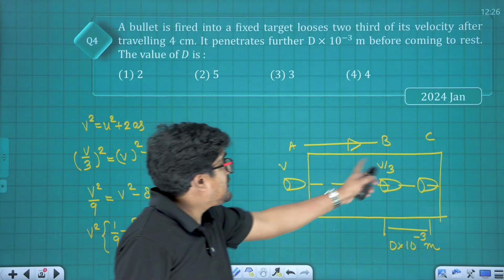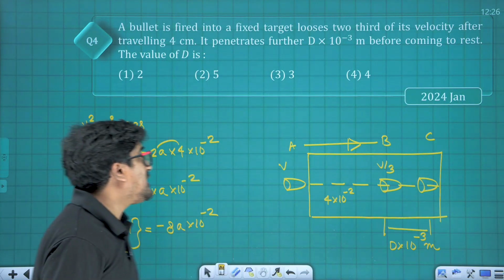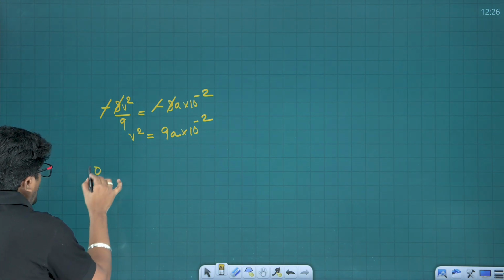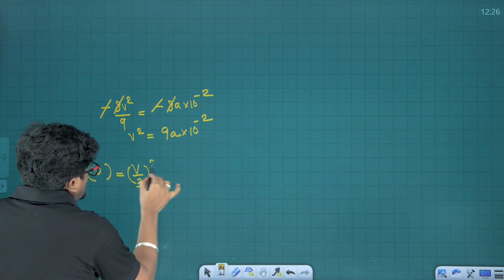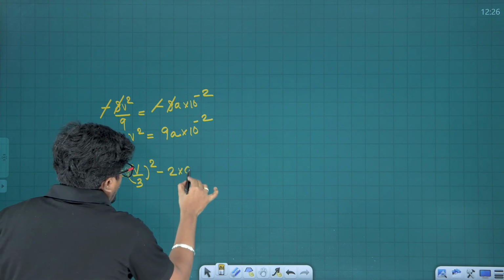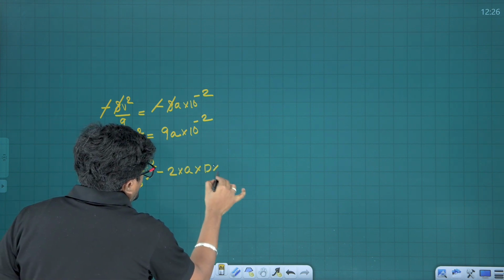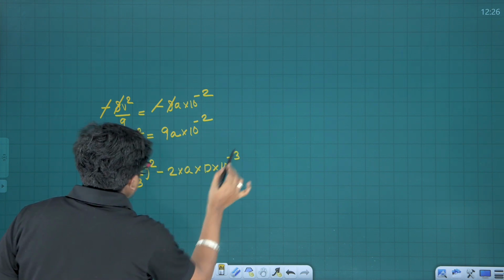Now let me consider the journey from B to C. There the final velocity is 0. So 0 equals V by 3 all squared minus 2 into A into capital D into 10 to the power minus 3.